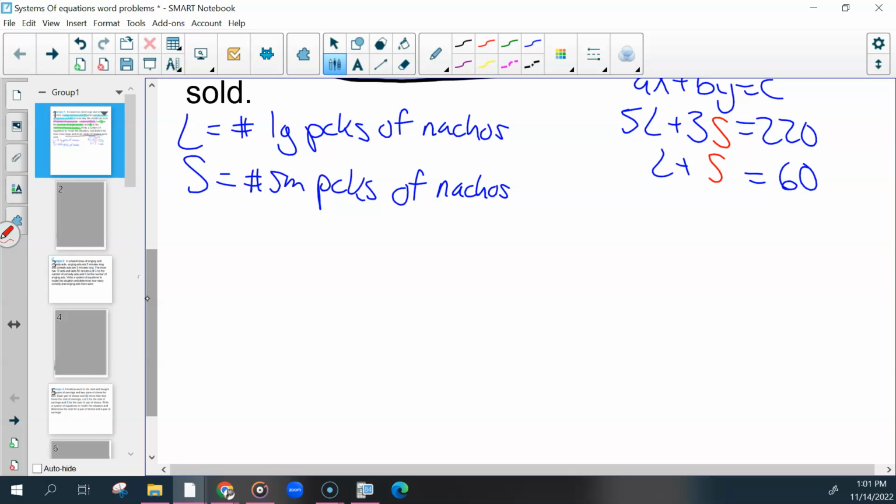We are going to solve this one by graphing. So if you don't have your calculator, go grab that.